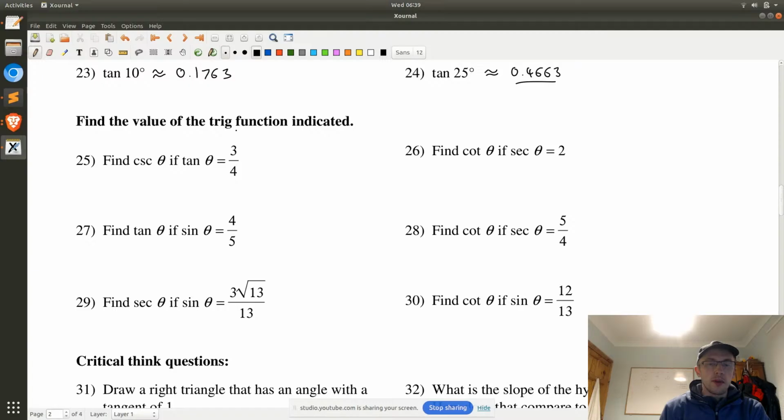Find the value of the trig function indicated. Find cosecant of theta if tan of theta equals 3/4. Very well. Cosecant of theta is 1 over sine of theta.